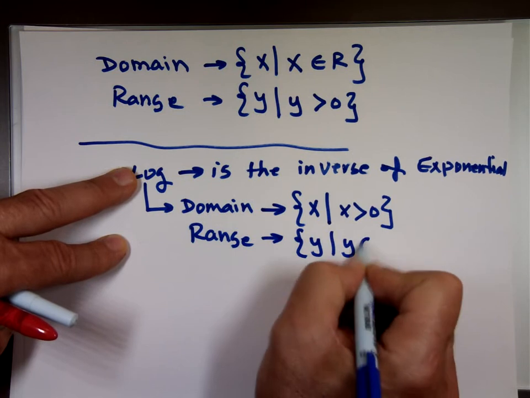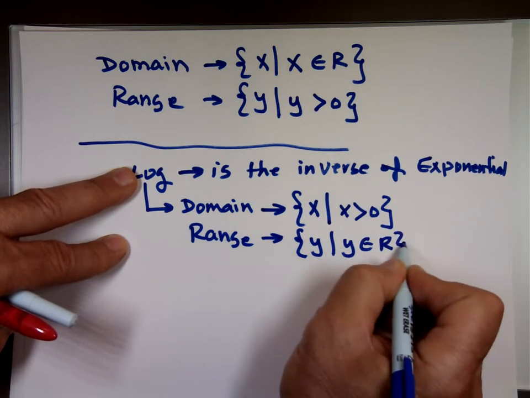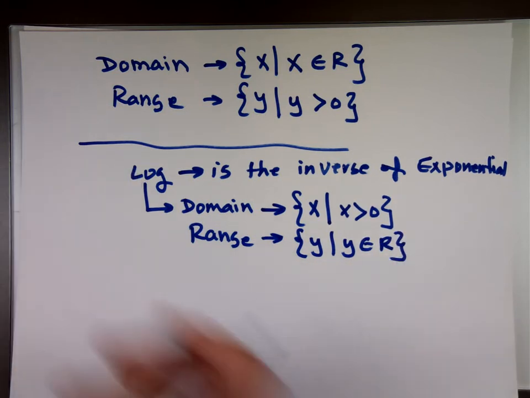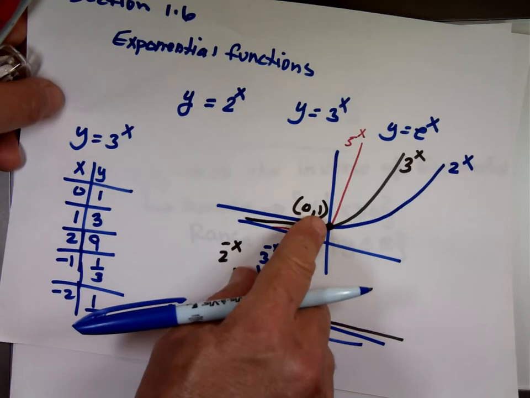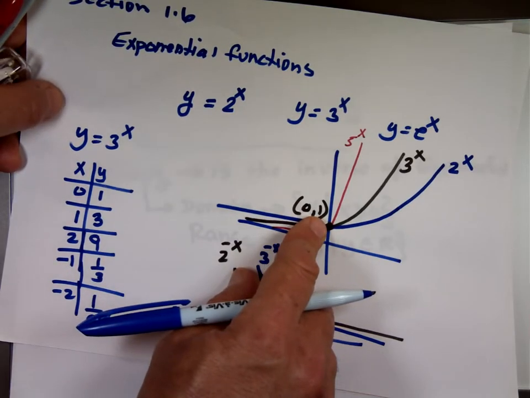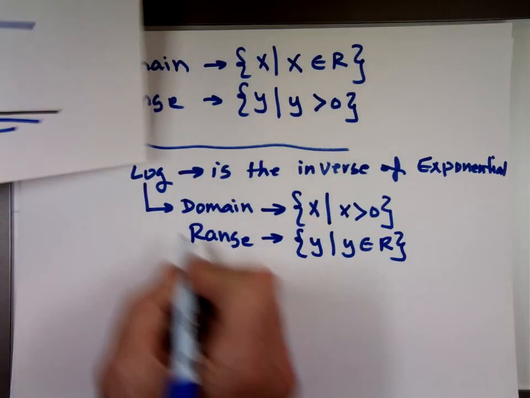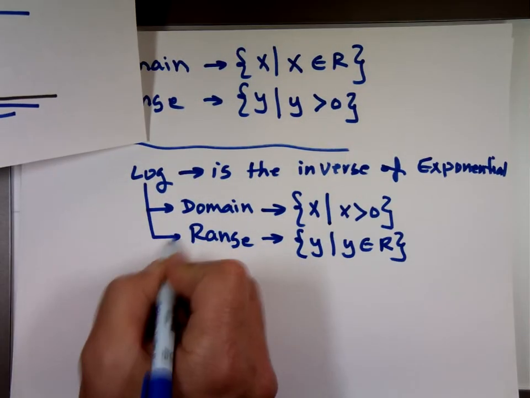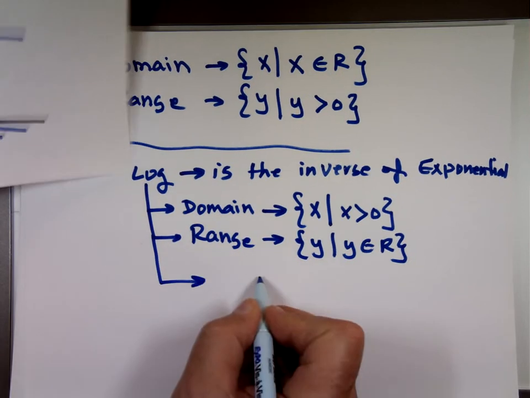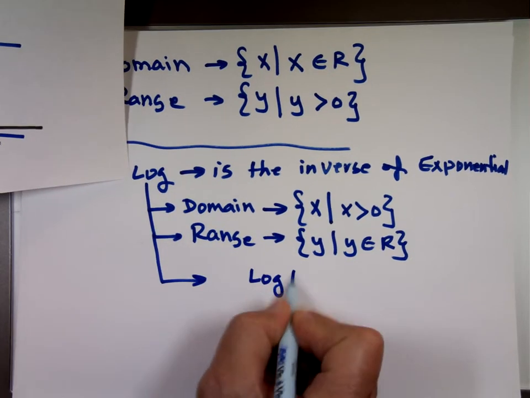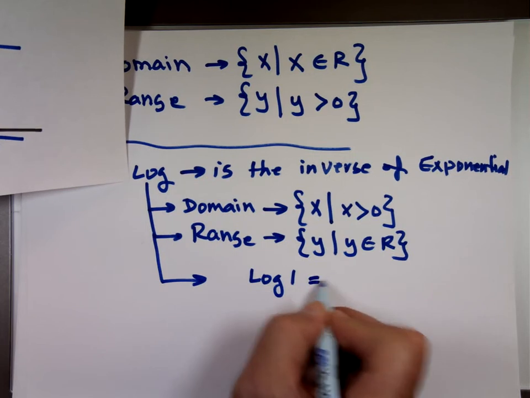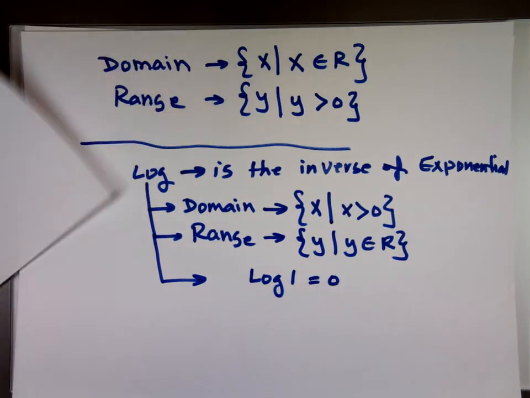Yep. And by the way, for this exponential function, every time x was 0, what was the y value? 1. Guess what, for that log function, every time x is 1, the answer is going to be 0. When x is 1, it's always going to be 0.